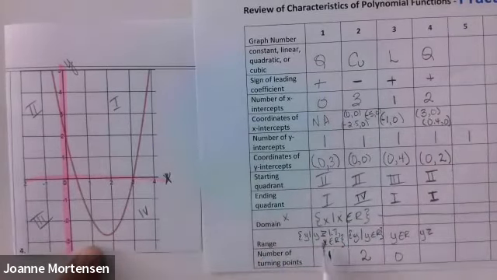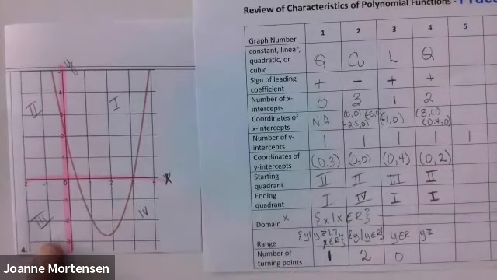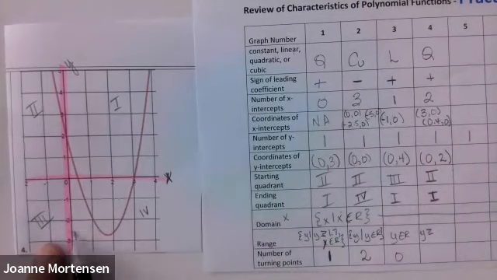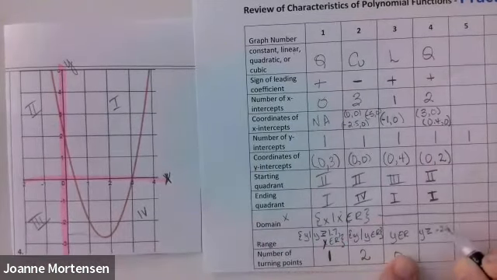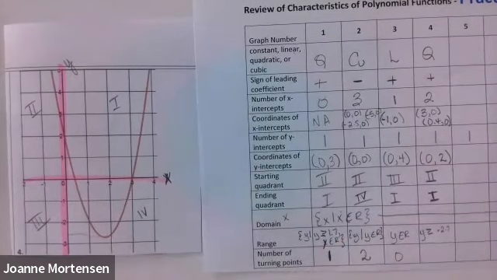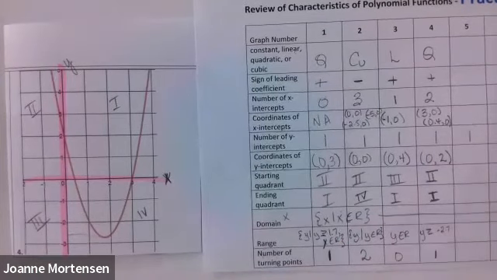I'm being lazy because there's not much room. How far down do we go? Someone? Sure, that looks right. Negative 2.7. So anything greater than that, we got a graph. Turning point's 1. Whew.